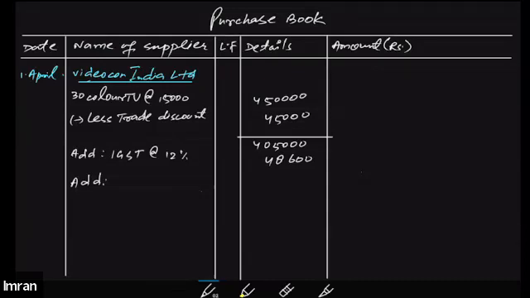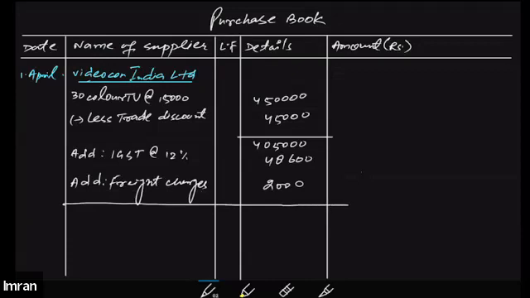Now we will be adding freight charges, and freight charges was 2,000. Now we will total this and write this in the final column.